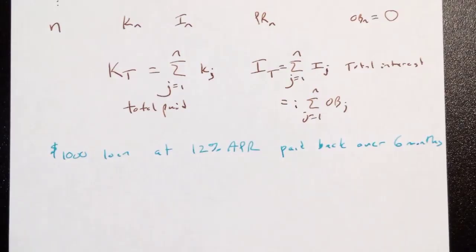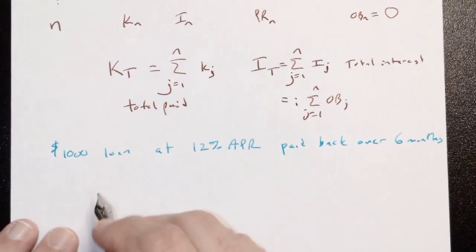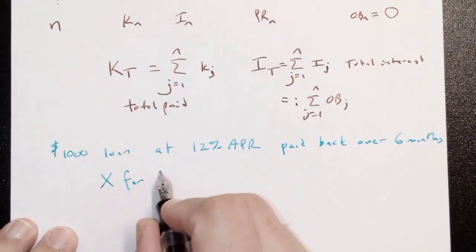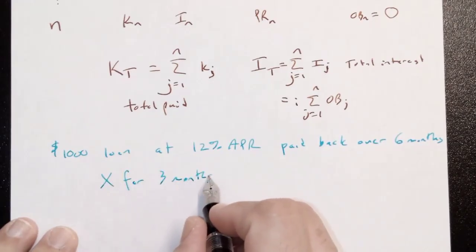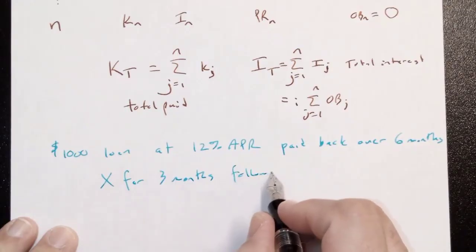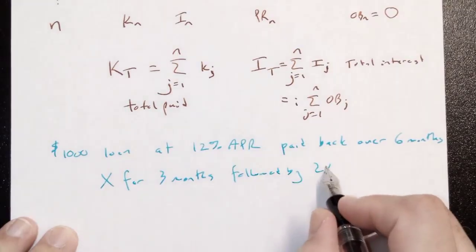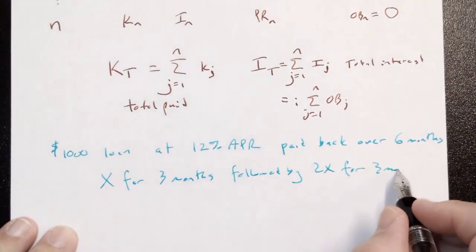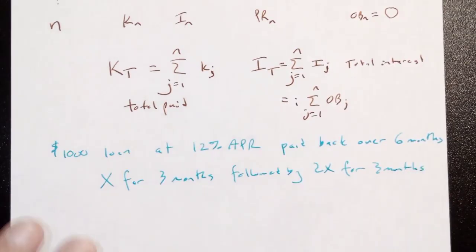My lendee is going to pay me back over 6 months at 12% APR, and we're going to make payments at the end of every month. Payments for the first 3 months are low, and then they double for the next 3 months.